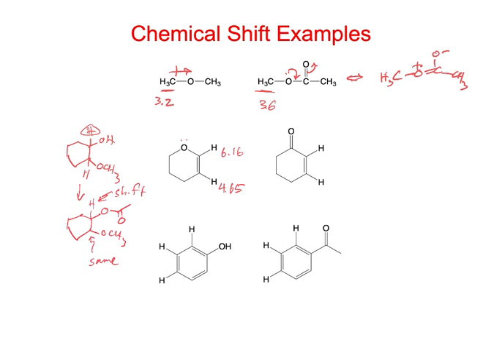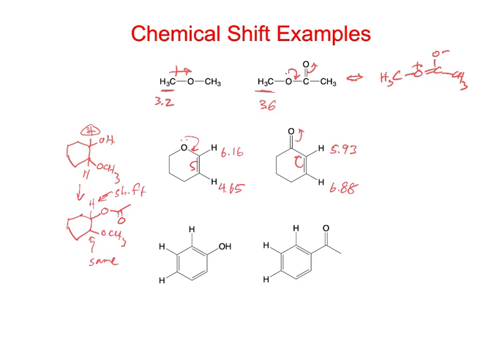Because this one's going to have resonance going this way, and this one is going to have resonance going this way. So now the beta position is more downfield than the alpha position. Okay, so these are two cases where we really see the protons can be well resolved from one another.